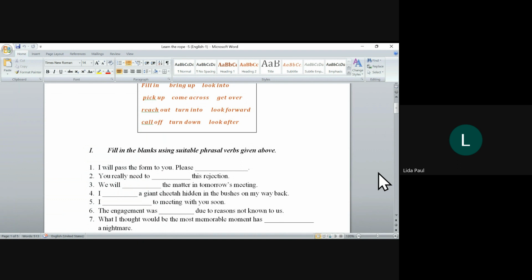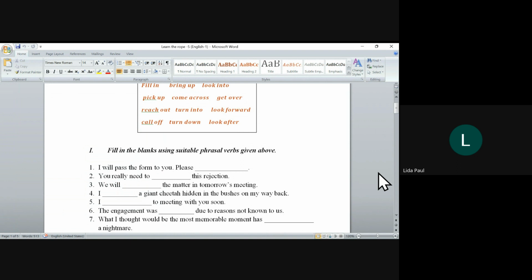Fifth one, I dash to meeting with you soon. This is a very common sentence that you use as a complimentary clause in emails. Yes, look forward, right? I look forward to meeting with you soon. How about this phrasal verb, is it used in the separable format?